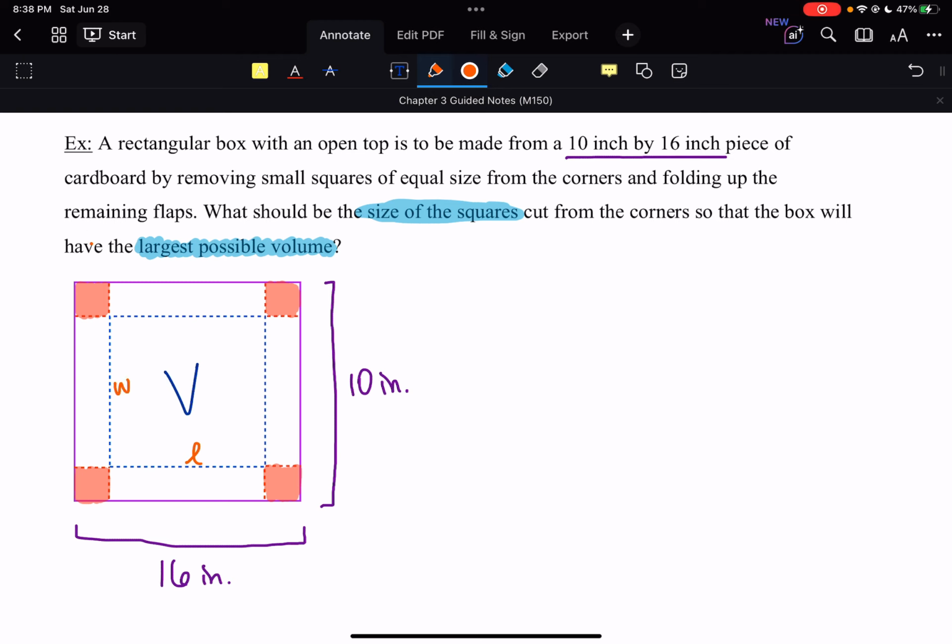For the cuts, if you can picture taking each of these sides and folding it up, and same thing, folding up all the sides like this, these actually form the height of the box. So that's these right here. So I'm going to call these H, each of those little cuts that is being made.